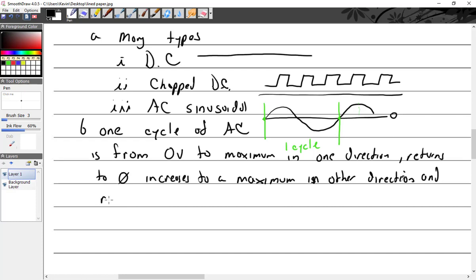So looking at this, it starts right here at 0 voltage, goes to a maximum, which is right there, goes back to 0, goes the other direction to maximum, returns to 0. That would be 1 full cycle.